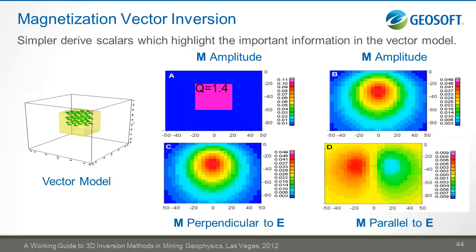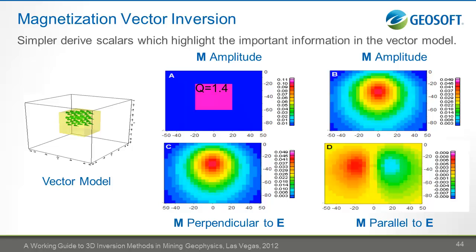In component C, I'm showing the component perpendicular to the Earth field, and you can see in this instance that C and B, the amplitude and the perpendicular component, are almost identical, indicating that in this example most of the effect comes from remanent magnetization, and that is shown here.